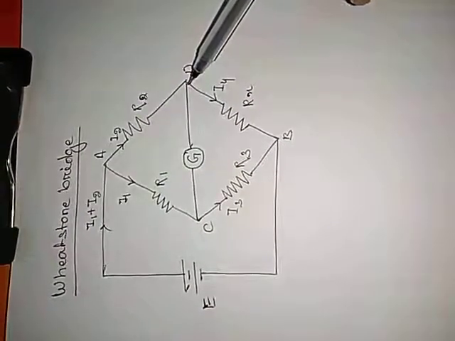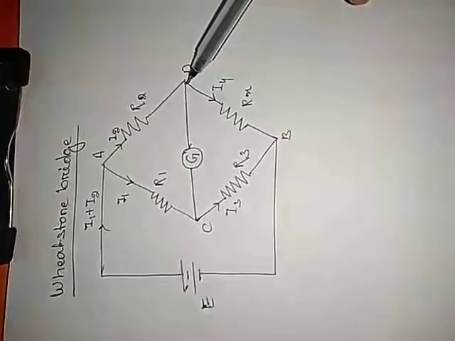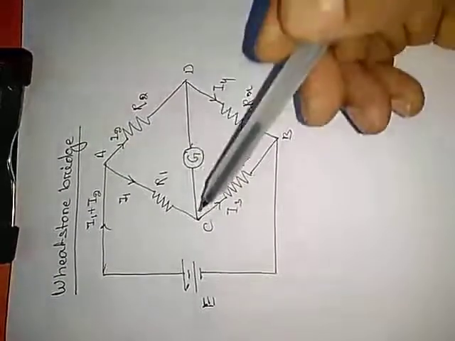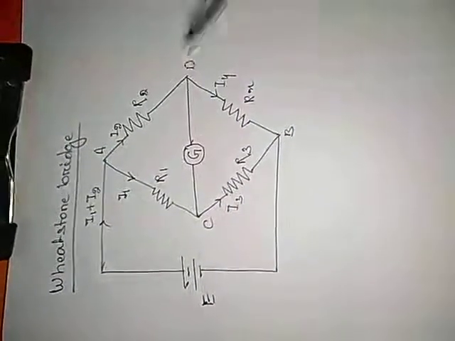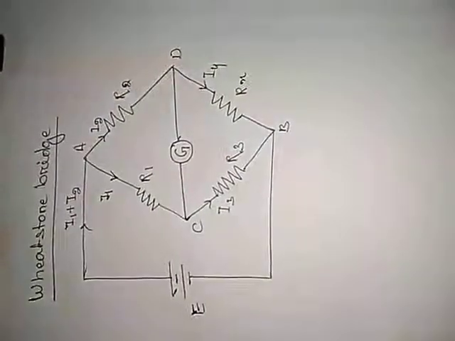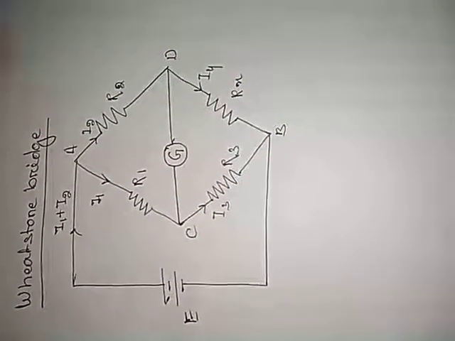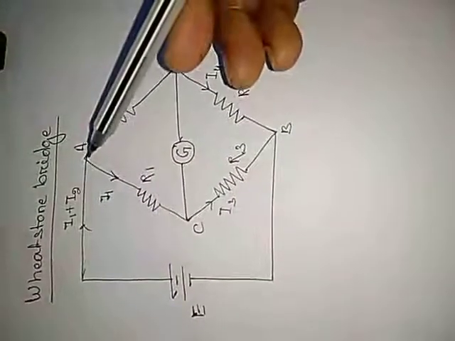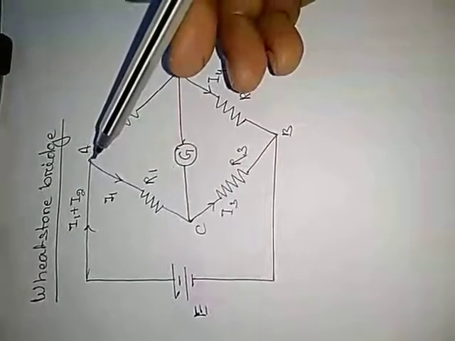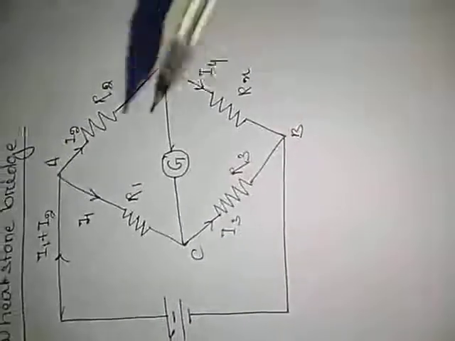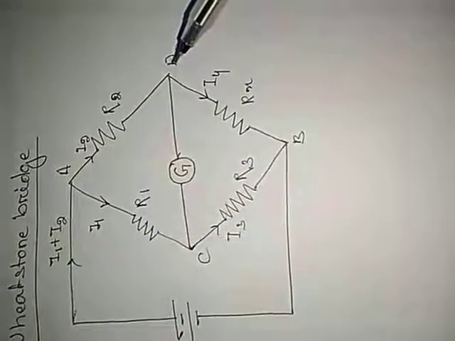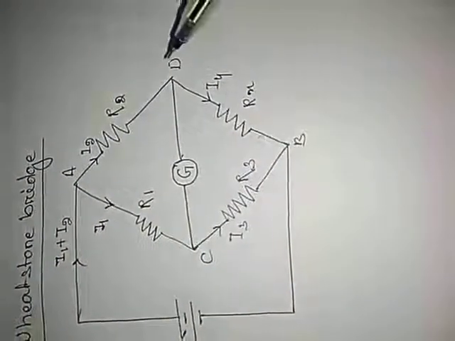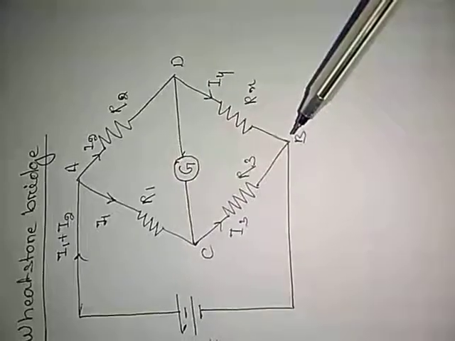That is, the potential at points C and D is equal. Here I show the directions of current. At point A, the total current is divided into two paths, one through I1, another through I2. Let this one be I3 and this one be I4.